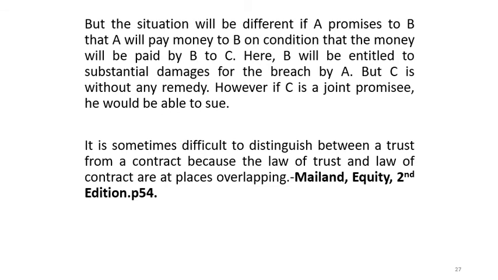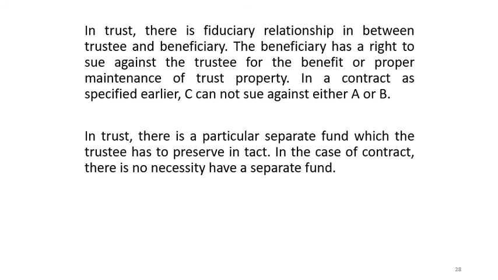It is sometimes difficult to distinguish between the trust from a contract because law of trust and law of contract are at places overlapping. In trust, there is a fiduciary relationship between the trustee and beneficiary. The beneficiary has a right to sue against the trustee for the proper maintenance of property or safeguard the property.